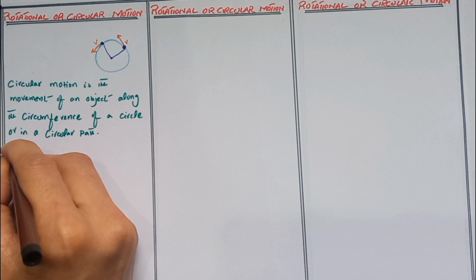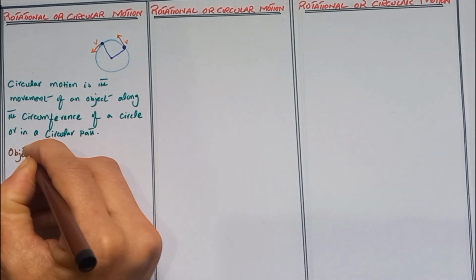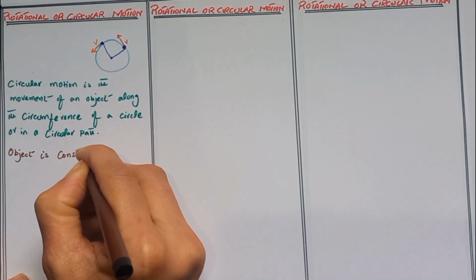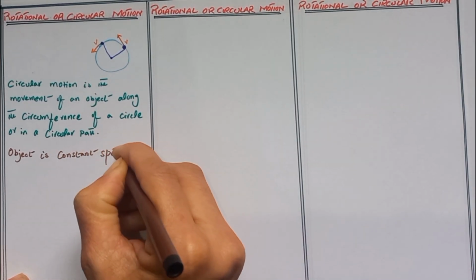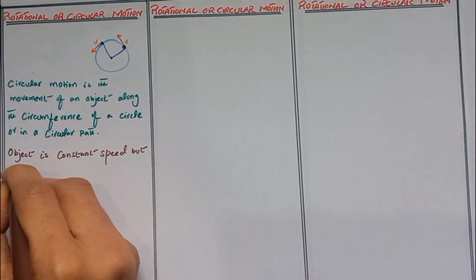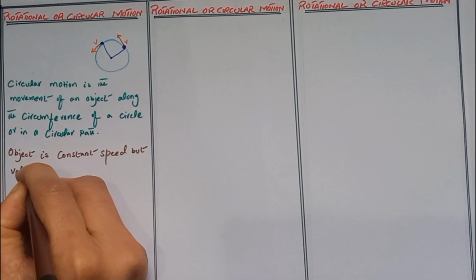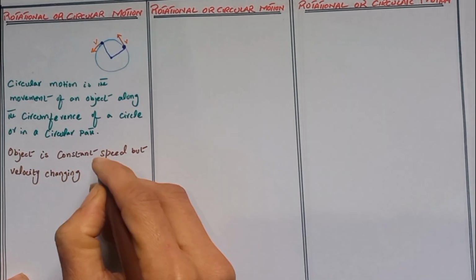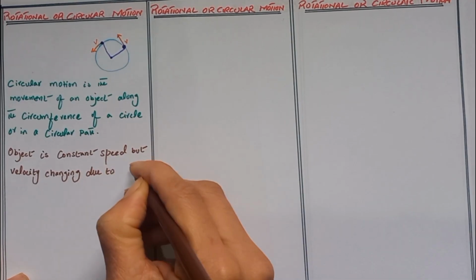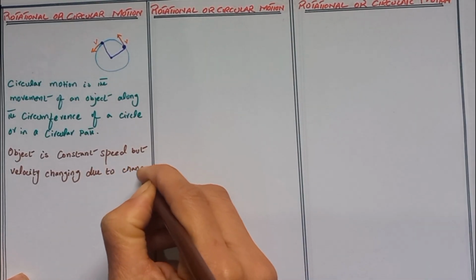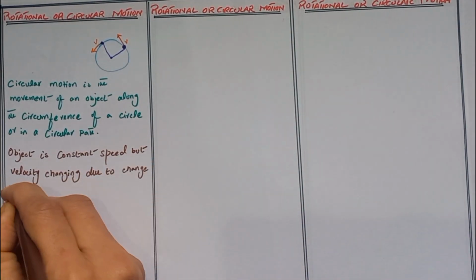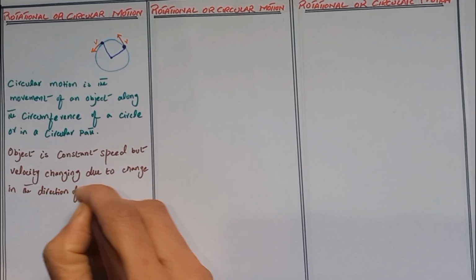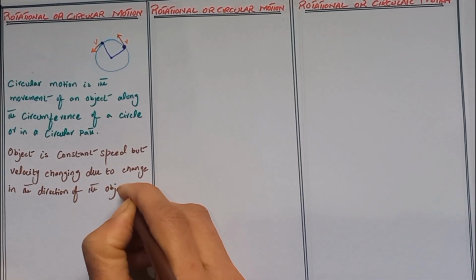The object has constant speed but its velocity is changing due to the change in the direction of the object.